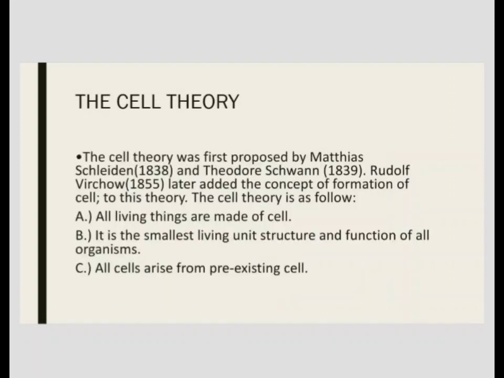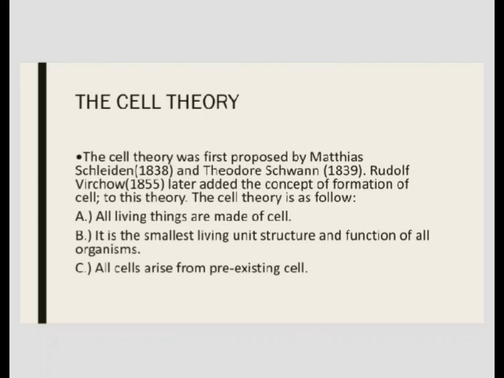So let's move on to the cell theory. Sorry if I'm wrong in pronouncing their names, but I'm going to try. The cell theory was first proposed by Matthias Schleiden in 1838 and Theodor Schwann in 1839. Rudolf Virchow in 1855 later added the concept of the formation of cells.